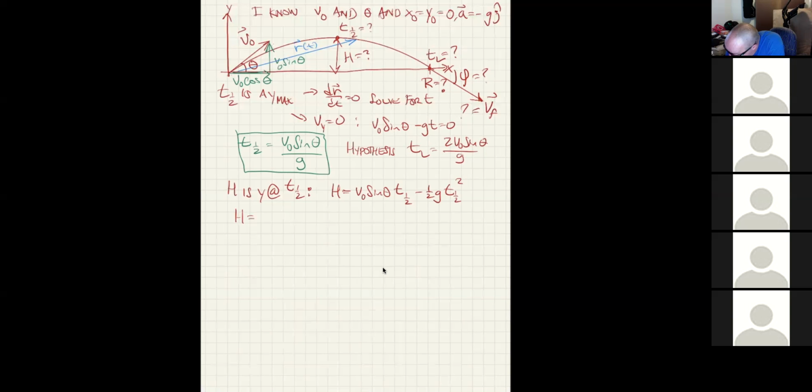Well, I get v0 sine theta, and then t 1/2 is v0 sine theta over g. And then I have to subtract from that 1/2 g times, when I square it, v0 squared sine squared theta over g squared. You can see that one of these g's is going to cancel out.